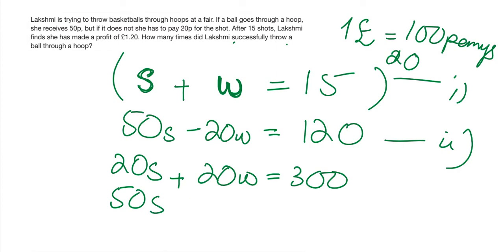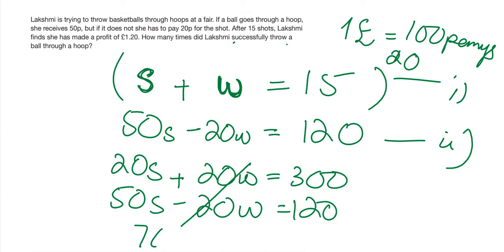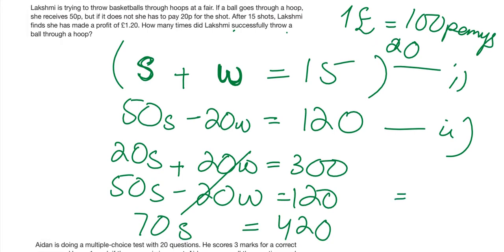Then 20w minus 20w cancels, and that will be equal to 70s = 420, and your s will be equal to 6.